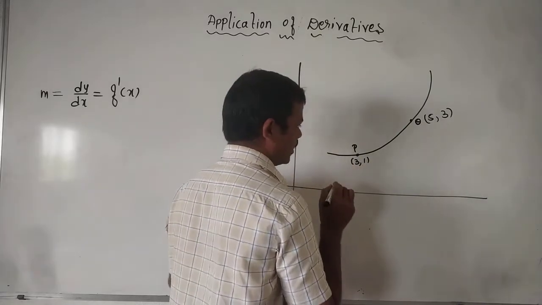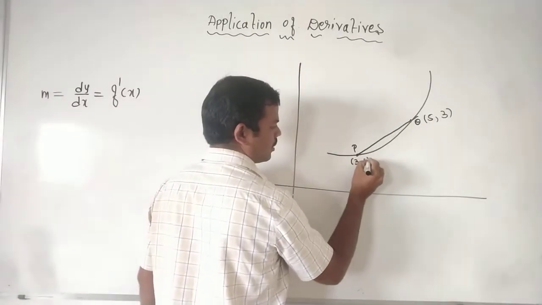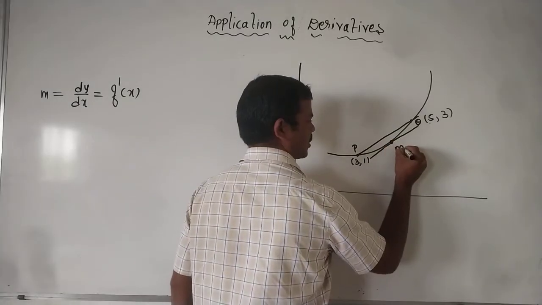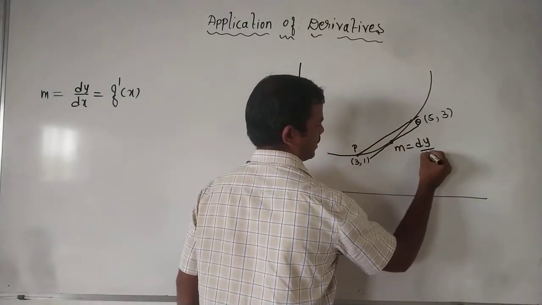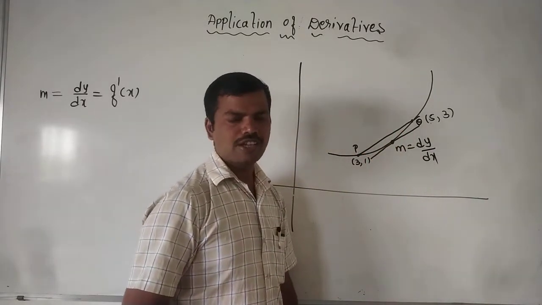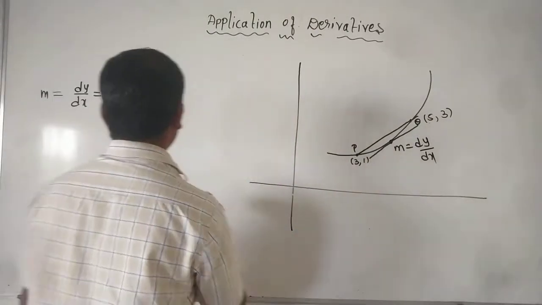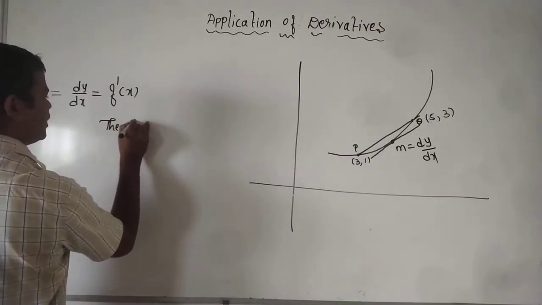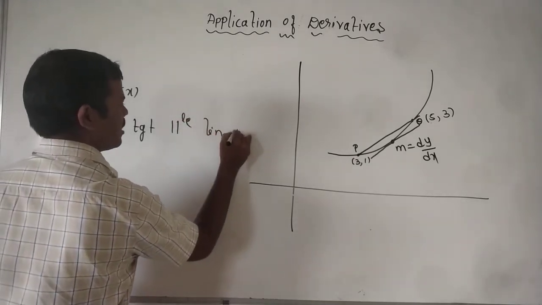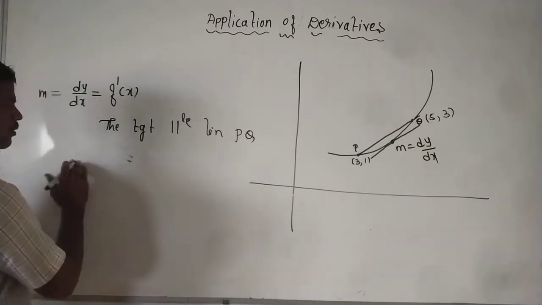So this is the slope of P, and here we have a tangent to that curve, which we call m equal to dy by dx. This tangent and PQ are parallel, meaning the slopes are equal. The tangent is parallel to the line PQ, so the slope of the tangent is equal to the slope of PQ.